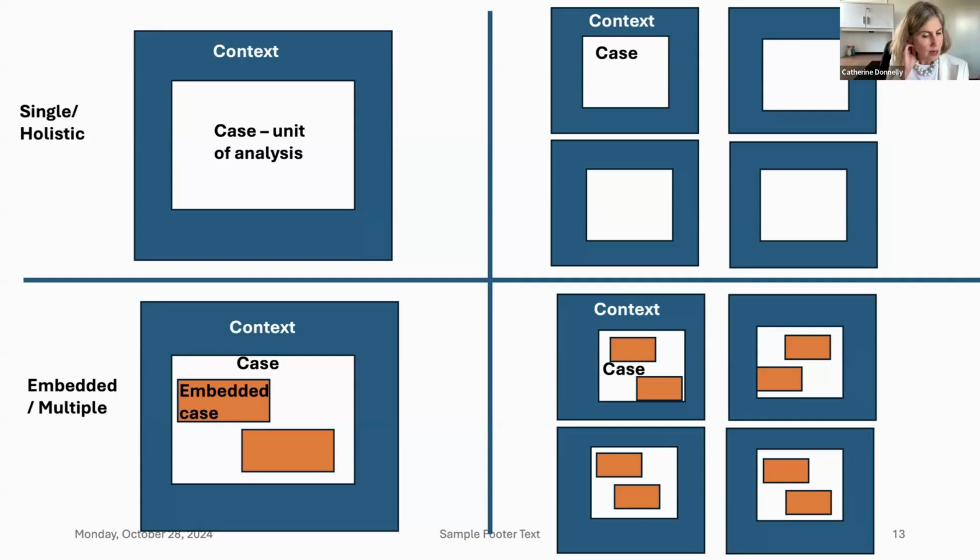So I think, Jordan, in your case, in my mind, the context would be the primary care teams, and then the unit of analysis is the process in which the RCT intervention was given. And so then you can get to multiple holistic cases where, again, for Jordan, I would say he's going to be working with, say, 10 different primary care teams.